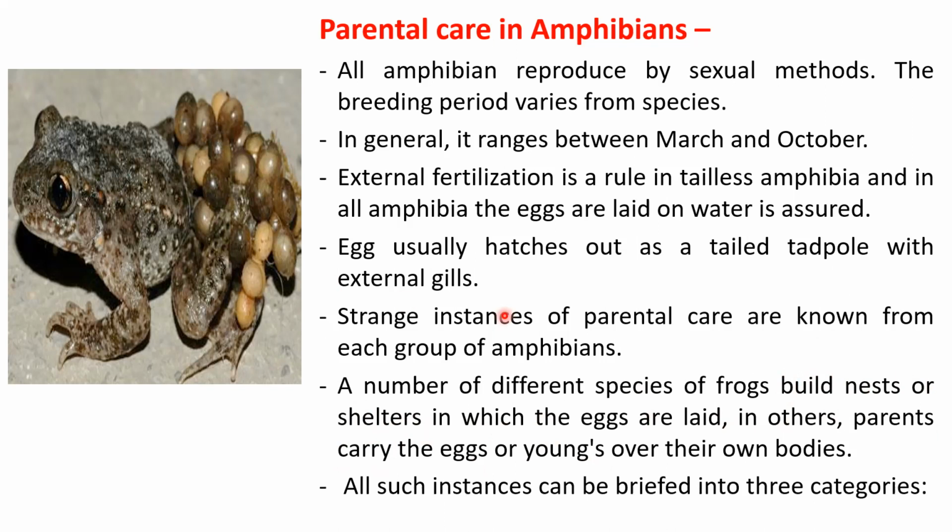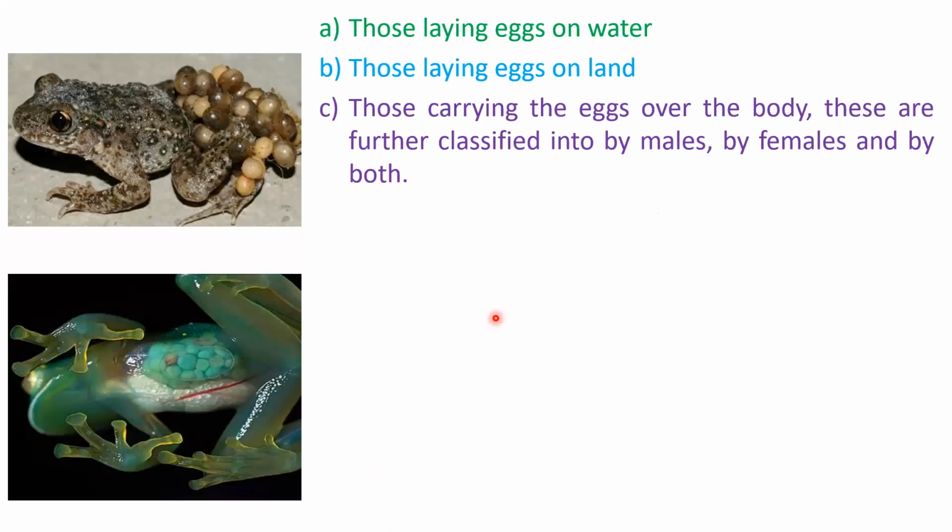Then all such instances can be briefed into three categories: those laying eggs on water, those laying eggs on land, and those carrying the eggs over the body. These are further classified into by males, by females, and by both. So whatever the parental care among the amphibians, it is categorized into three.